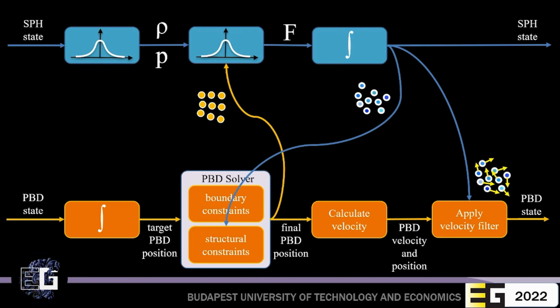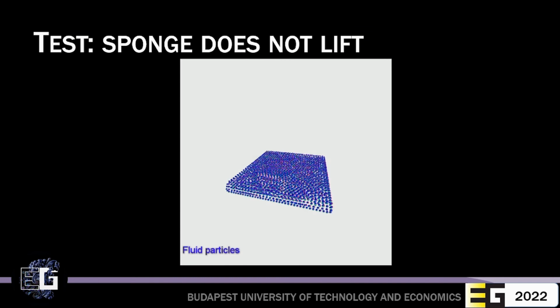In PBD, this has to be formulated in terms of constraints. A zero distance constraint between PBD nodes and neighboring fluid particles is used, with stiffness empirically tuned to balance the suction factor. Looking at this video again, please notice that as fluid is sucked in, moving upwards, the velocity filter would cause the sponge to lift. The constraints counteracting the drag force help us avoid this.